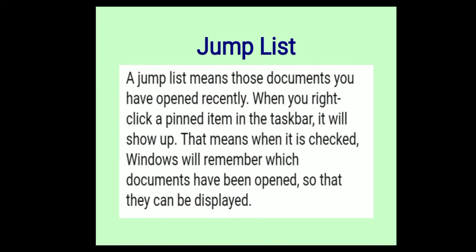Jump list. A jump list means those documents you opened recently. When you right click a pinned item in the taskbar, it will show up. In a jump list, suppose you have opened 4 or 5 folders and you want to open a particular folder; you click on the taskbar and select one according to your need.